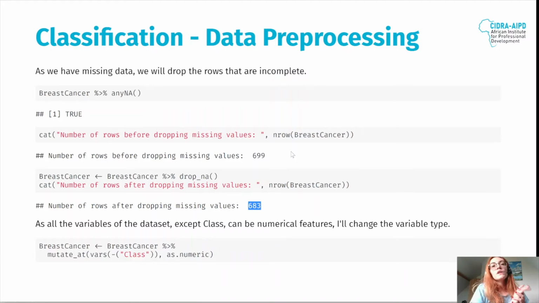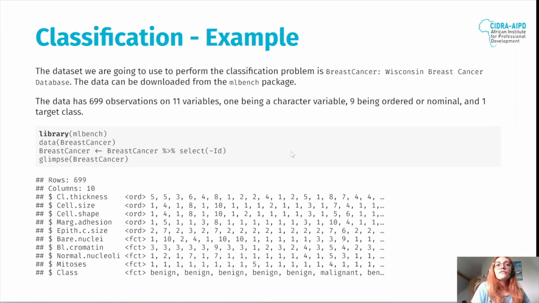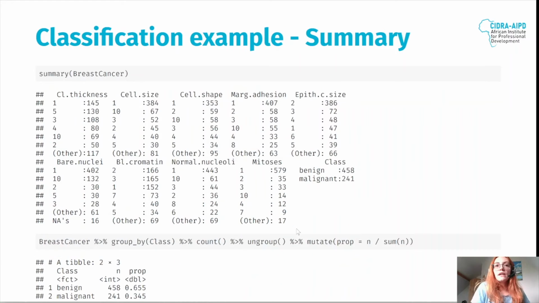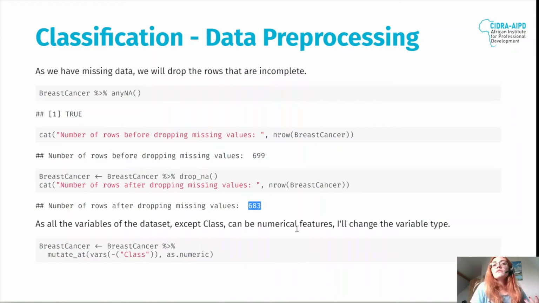What I'm going to do is, in the data set, all the features are numeric. Even the ones that here were read as factors are actually numeric. And the only variable that I'm going to leave as a factor is the class. That is our output variable. So you can see here that I'm going to do that using the mutate_at function from dplyr.